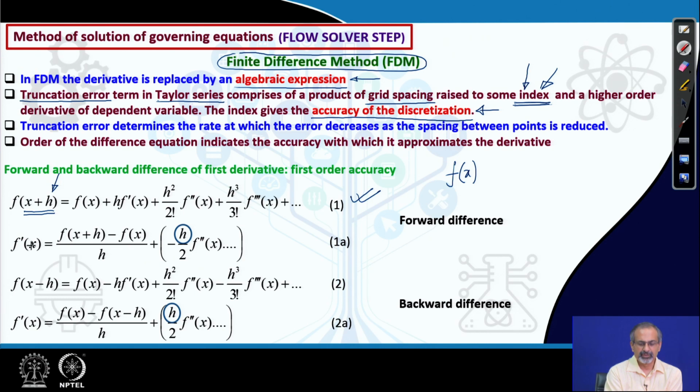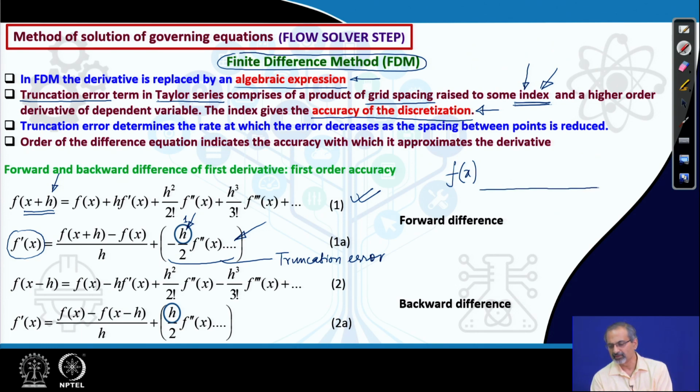From that, if you rearrange the terms, you can get an approximate representation of f'(x) in terms of (f(x+h) - f(x))/h, and then you are left with many terms which we will not consider finally. This is what is called the truncation error. And we have to watch out for the grid spacing h, which we are talking about, and the index. The index happens to be 1 here, and h is the grid spacing.